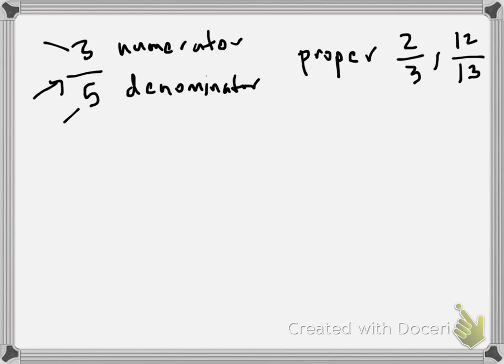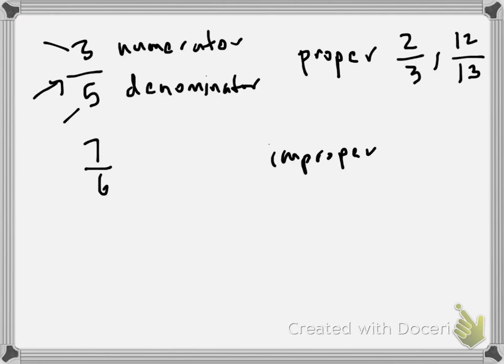Okay, we can have a fraction like this, 7/6. Again, numerator 7, denominator 6, but this is an example of an improper fraction. We know that this is improper because the numerator is greater than or equal to the denominator. 7 on the top, bigger than 6 on the bottom.